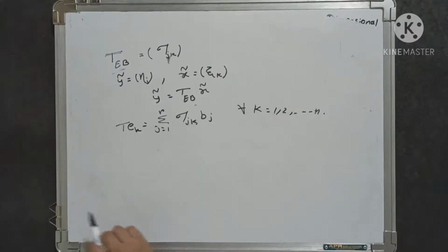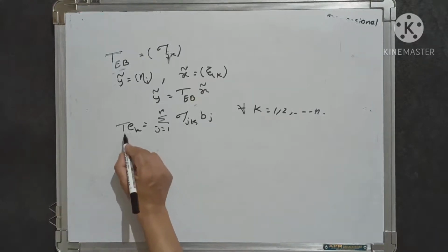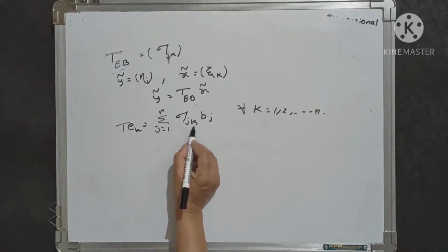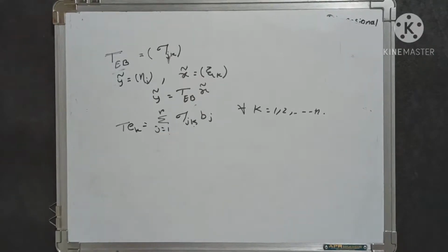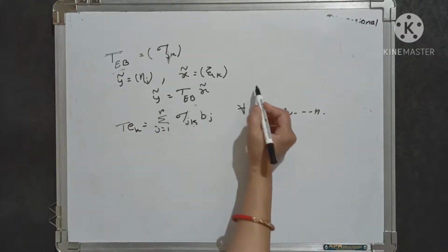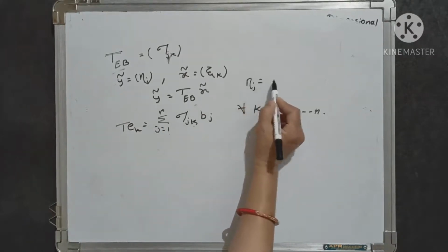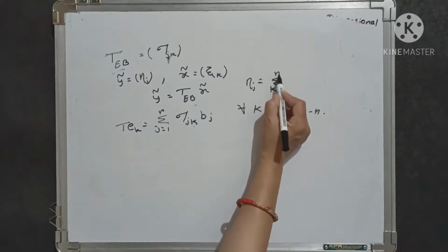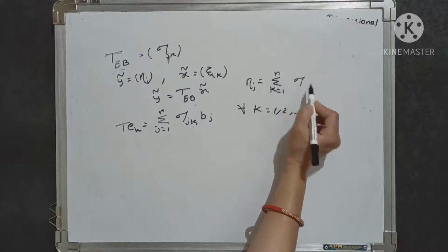That means T e_k equals the summation j from 1 to r of tau jk b_j, and this equation can be written in matrix notation in the same way as the equation eta j equals the summation over k from 1 to n of tau jk xi k.